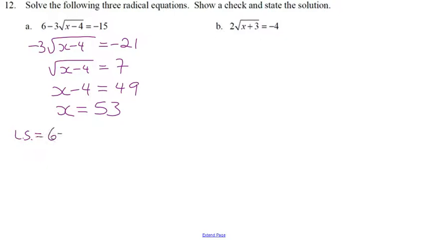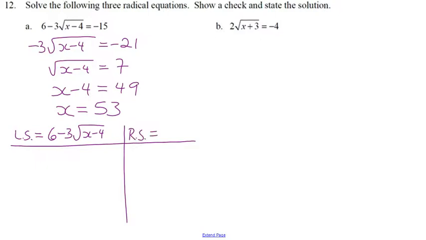The left side of my equation is 6 minus 3 root x minus 4. Right side is equal to -15. We're checking a value of 53.